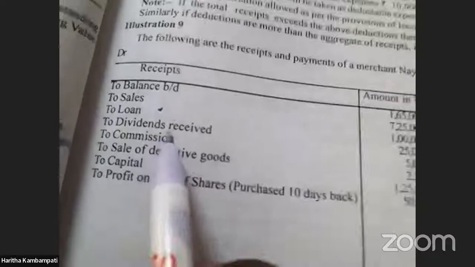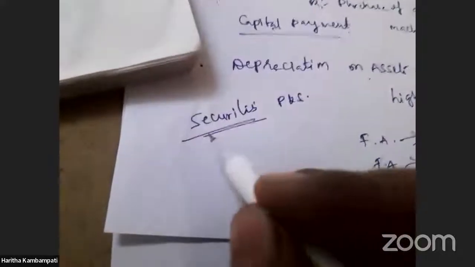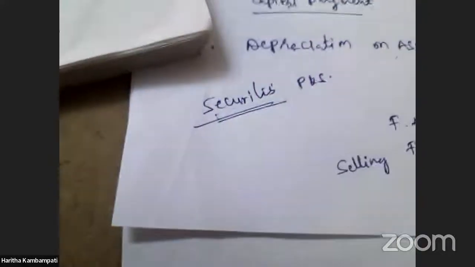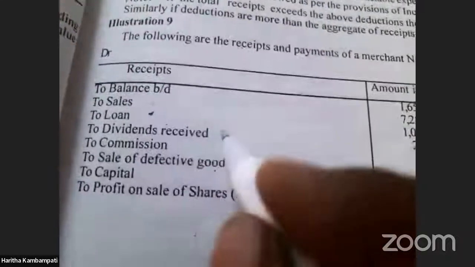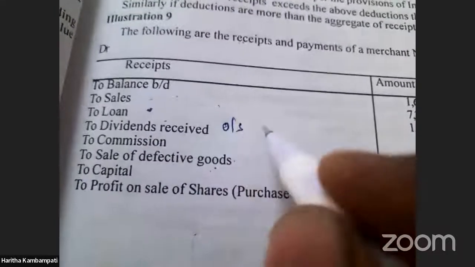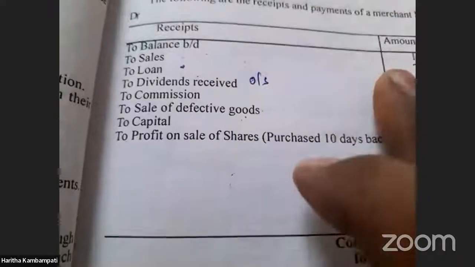But here he is not mentioning any information that he carries on purchasing and selling of securities. So this is income from other sources as well as exempted income. Those provisions we will be learning in the later part of this course.